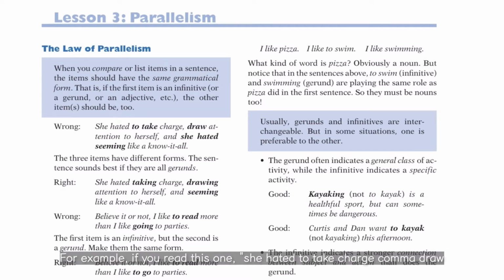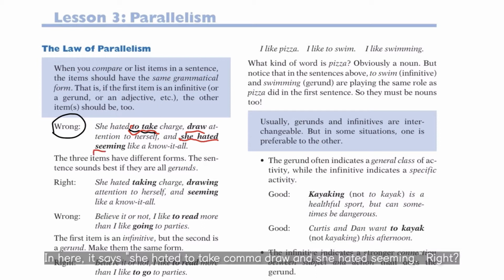For example, if you read this one, "She hated to take charge, draw attention to herself, and she hated seeming like a know-it-all." In here it says she hated to take charge, draw, and she hated seeming, right?